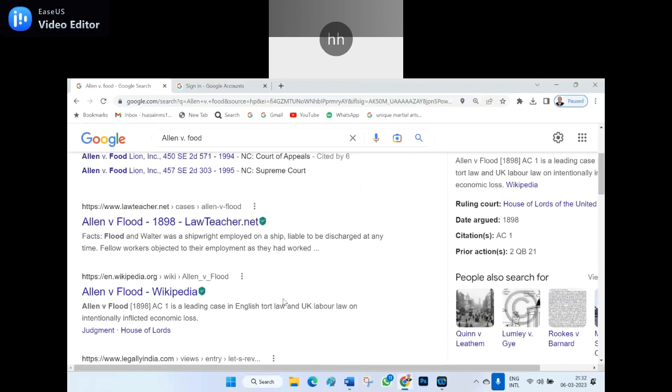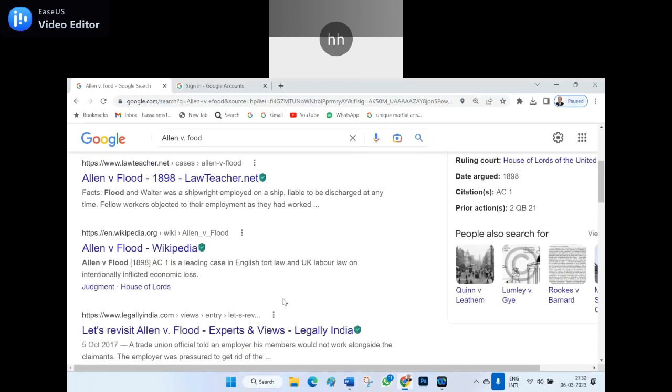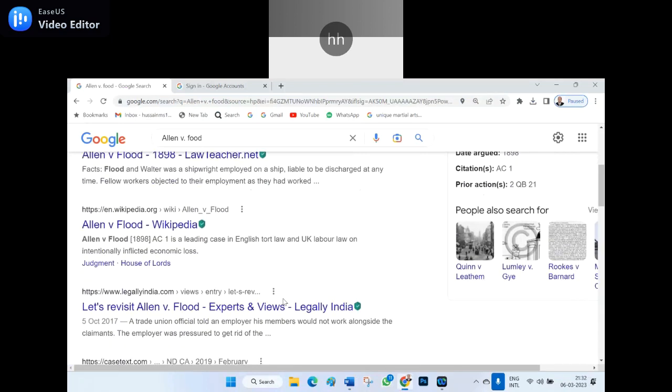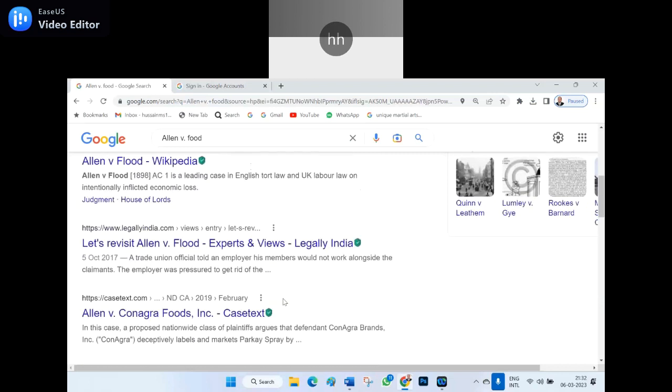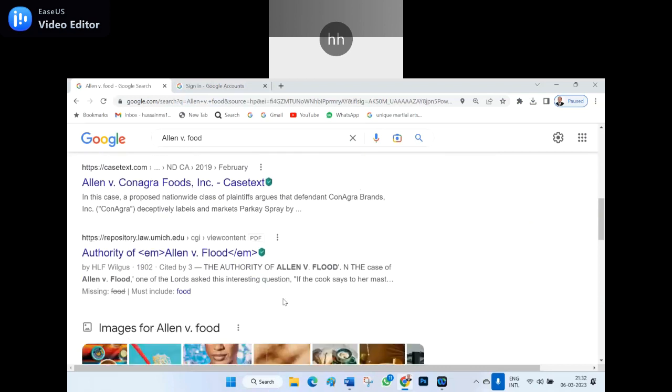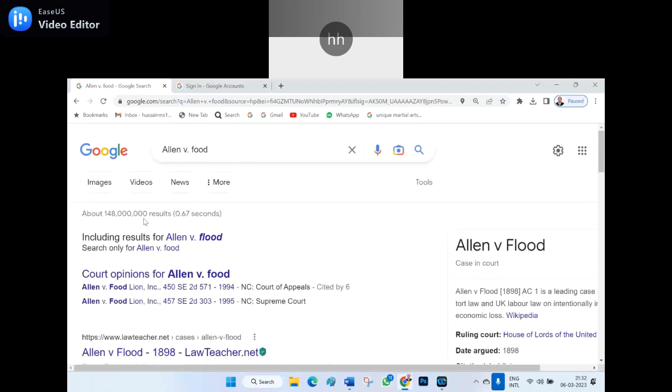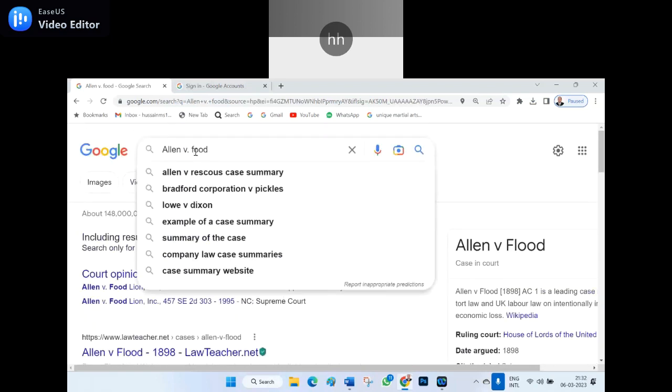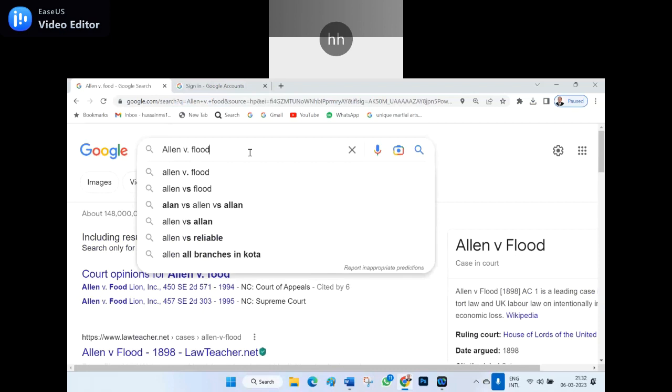So Allen versus Flood is the right case law. And here we have to read the full version of the case law. You should write Allen versus Flood, the full judgment.